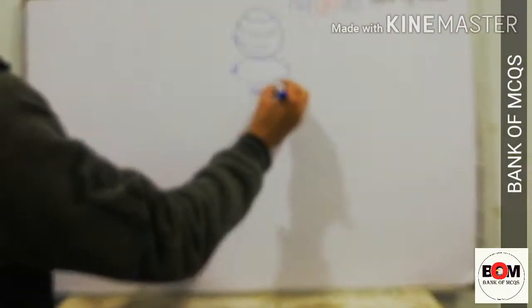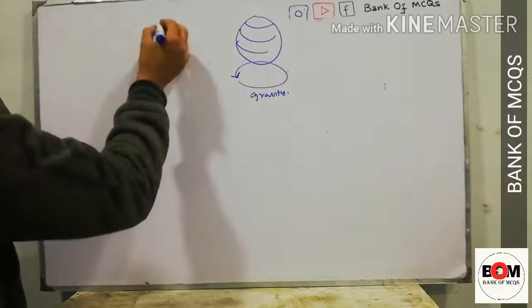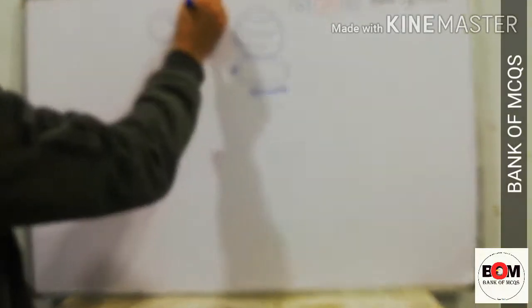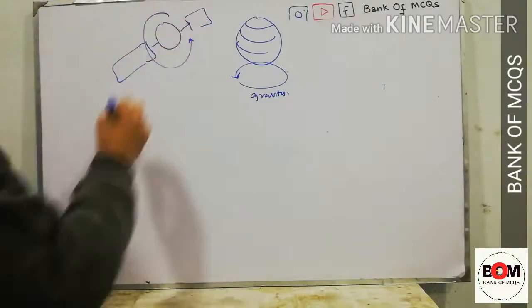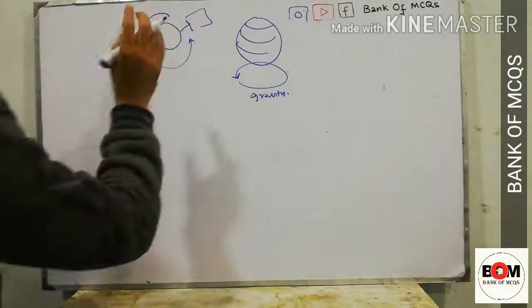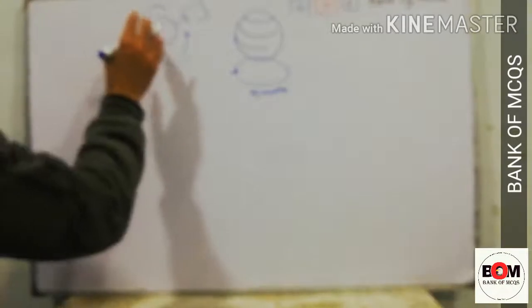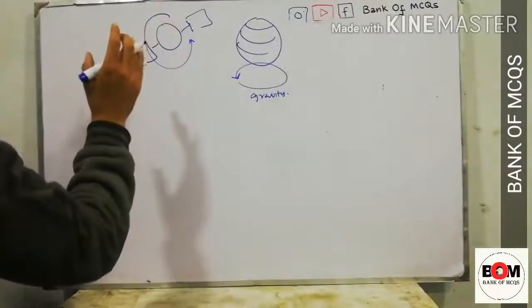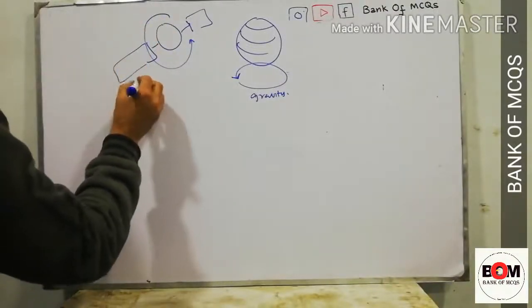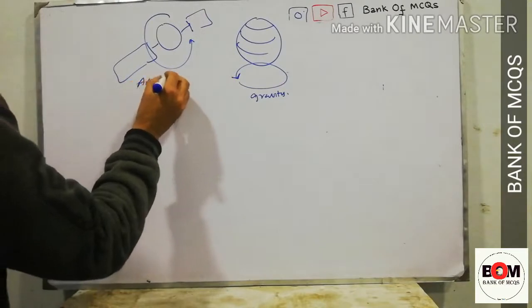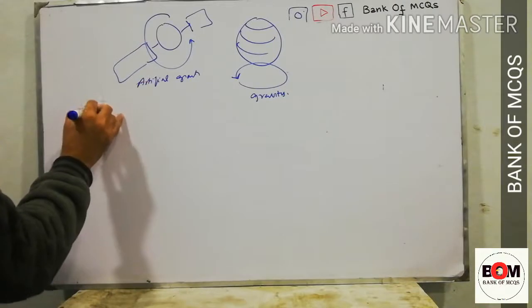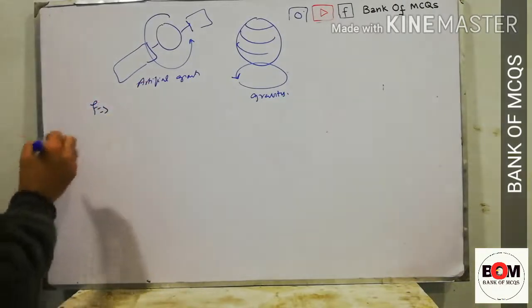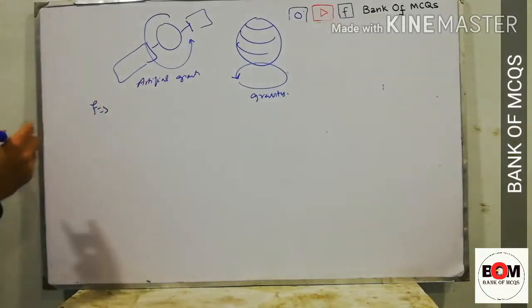So if we have a satellite, we rotate the satellite with a certain velocity like the Earth to produce gravity in the satellite, and that is called artificial gravity. Now we will find the equation for the frequency at which the gravity is produced.